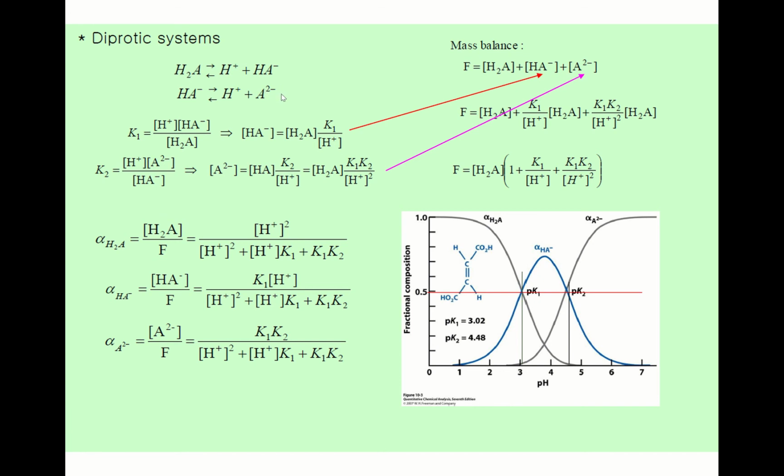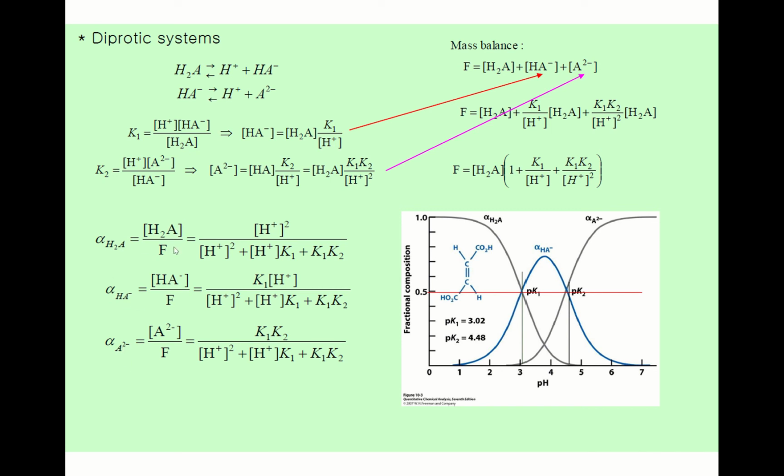And what about the diprotic systems? We have three species: H2A, the intermediate form HA minus, and A2 minus. We have two dissociation constants, K1 and K2, and then we can derive the alpha values. There are three alpha values: alpha H2A, alpha HA minus, and alpha A2 minus.